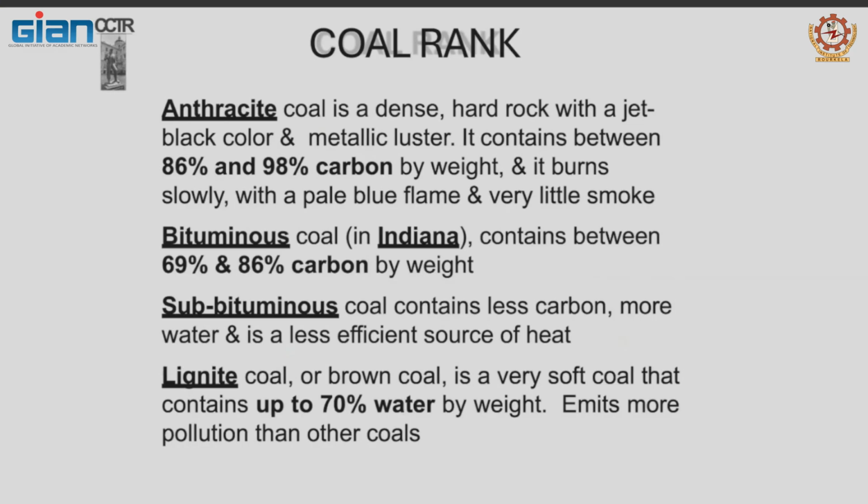Anthracite is the kind of coal that has the highest carbon percentage. Bituminous or subbituminous are the coals that are mostly used in power plants. And lignite is the worst type of coal, as you could see from the chart, with a lot of moisture and a lot of ash. But nevertheless, in very many countries, because it's available, it is used widely. It is not the ideal fuel, and it causes a lot of environmental issues, of course.